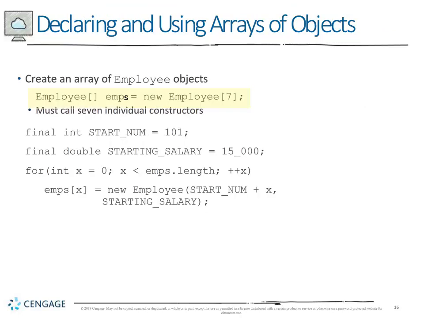We can declare arrays that hold elements of object. For example, assume we create an employee class. We can create an array of employee objects. An array named EMPS that holds 7 employee objects can be defined as employee square bracket EMPS equal new employee 7.